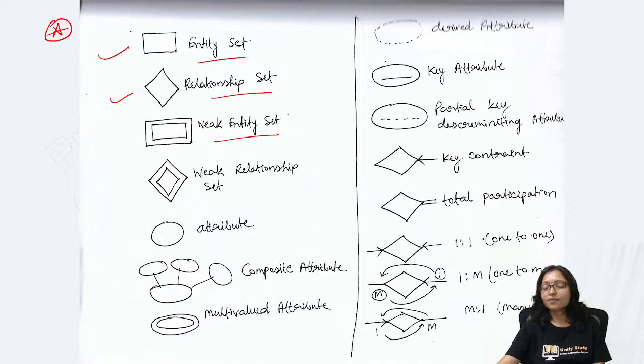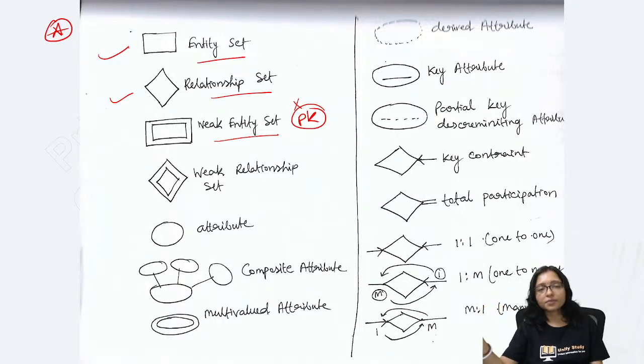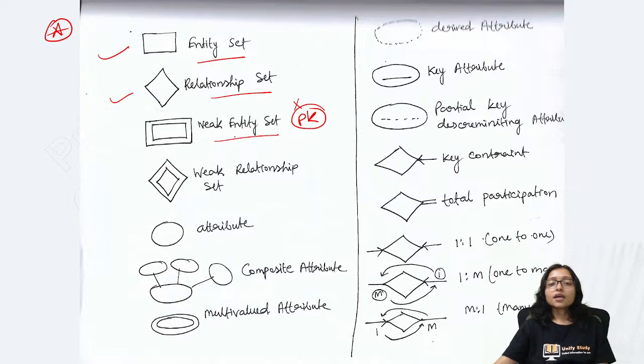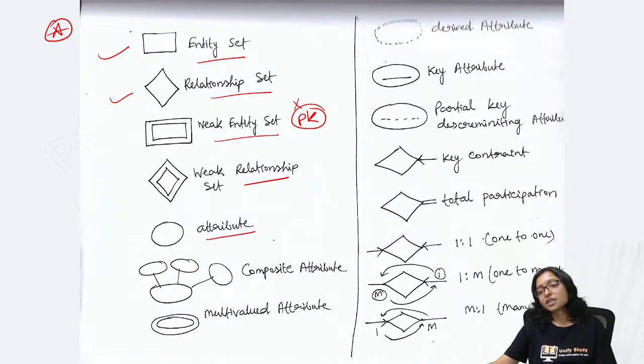weak entity. What is a weak entity? One that doesn't have a primary key, it is dependent on some other entity. Weak relationship: when a weak entity makes a relationship with another entity, that is called a weak relationship. Attribute we represent this way.